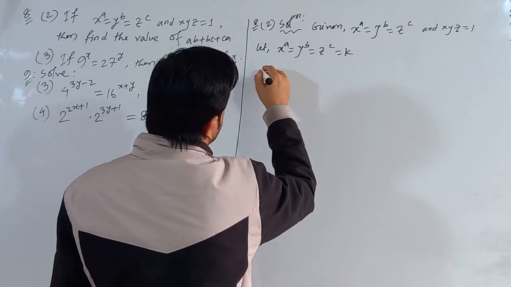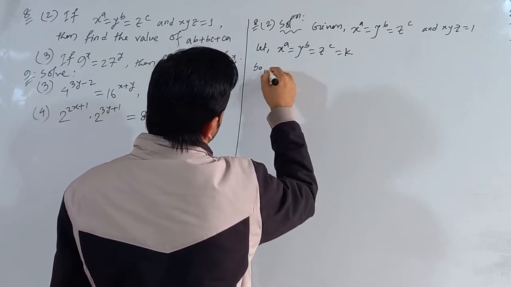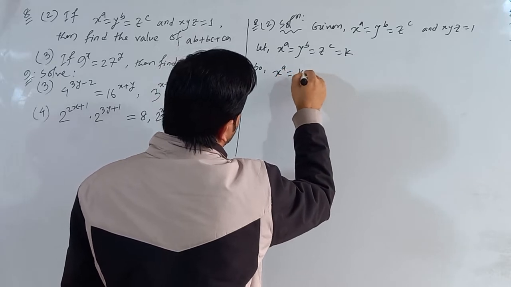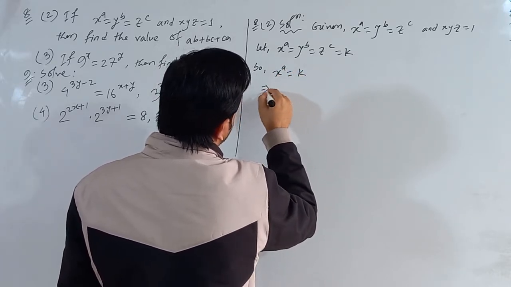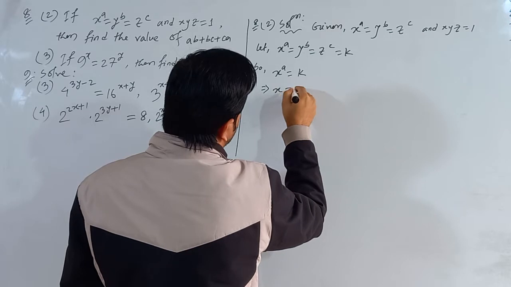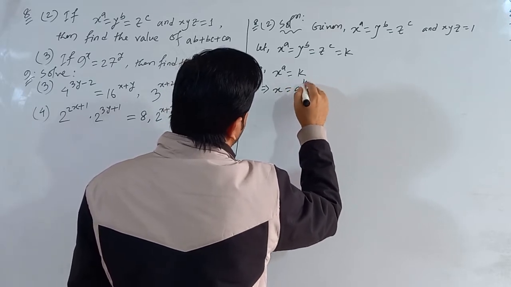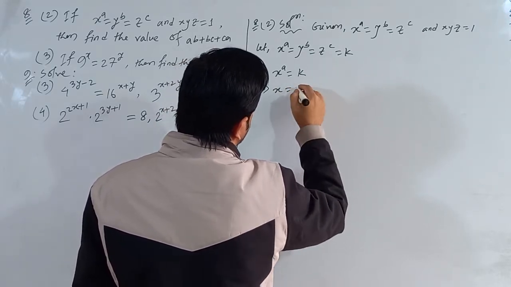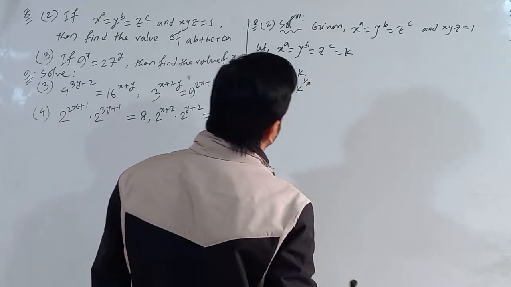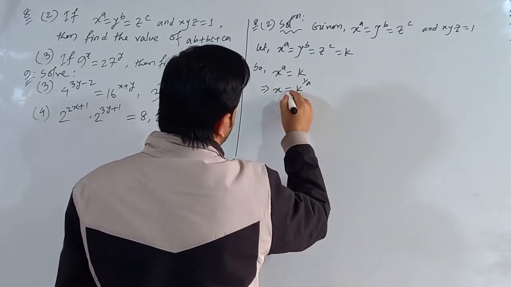So now we can write, x to the power a is equal to k implies x equal to k to the power 1 by a. It means ath root of k.